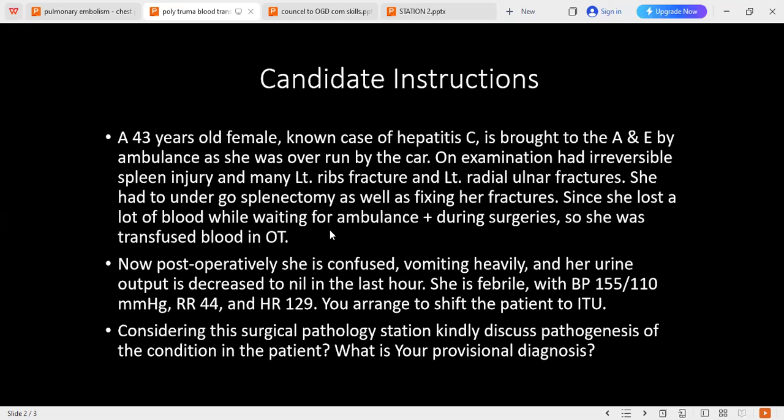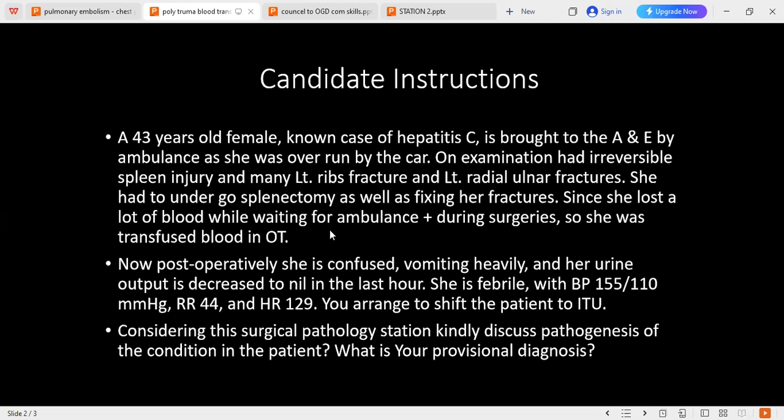Yes, ma'am. For the sake of transfusion, what test would you consider doing? Yes, we'll do the ABO and Rh test. All right. What is the safest blood product to be transfused in these sorts of scenarios? Packed red cells.